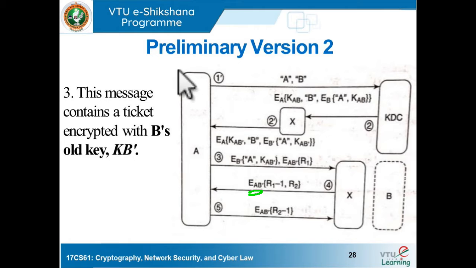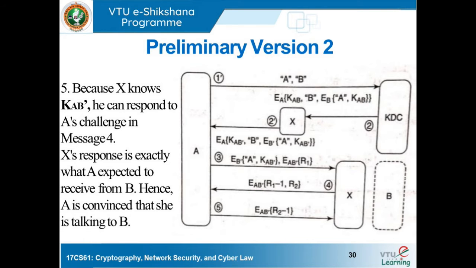Now what does B do then? B has to revert back to A. How does it revert back to A? Now what B does is it again generates a random nonce R2. Upon generating R2, it uses this R2 as a new challenge which is sent to A. But what does it do with R1?